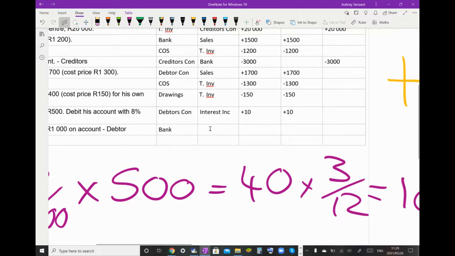Debtors control, because it's going down. Debtors control is going down because less people owe us money, or we are owed less. So yes, just going to be a plus slash minus. How much is this? 1,000.